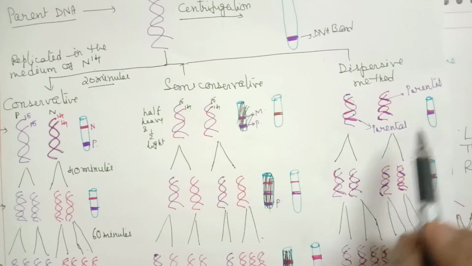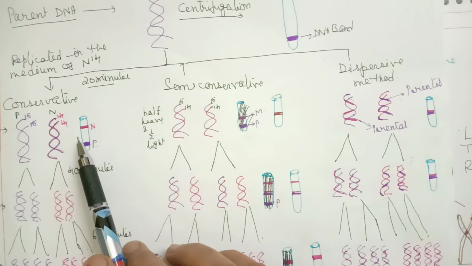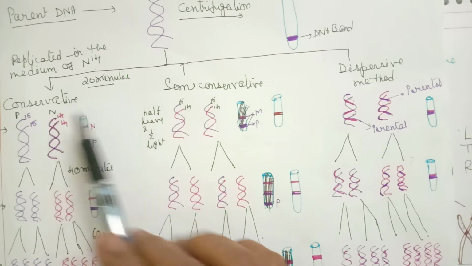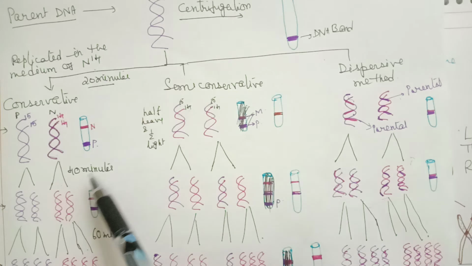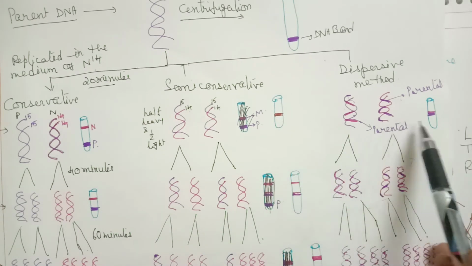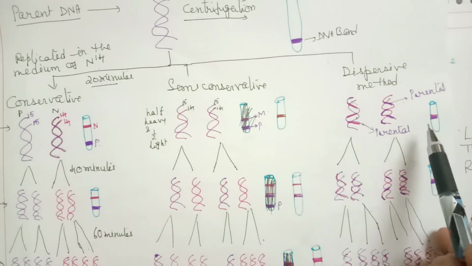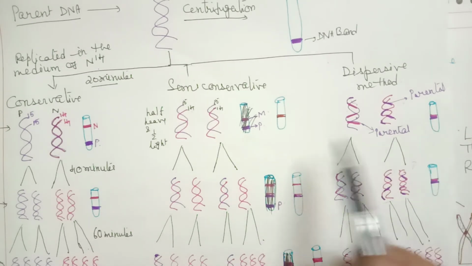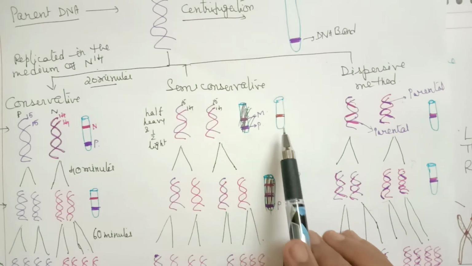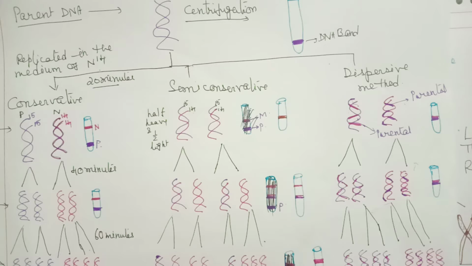So by the first generation, we can eliminate conservative, and these two are the same. So it can be either semi-conservative or dispersive.